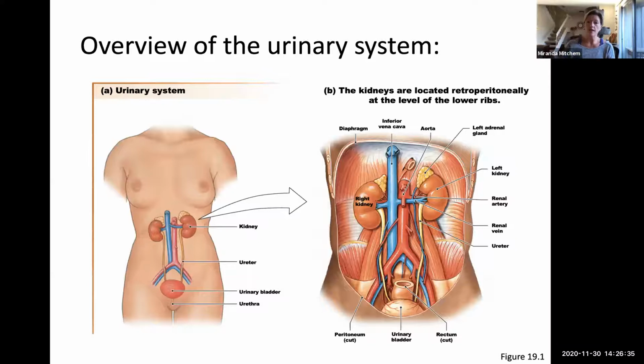Okay, so now just looking at an overview of the urinary system, I'd like to point out the kidneys are up high. I mean, they're actually about here on us. They are protected underneath our rib cage, at the very base of the rib cage.